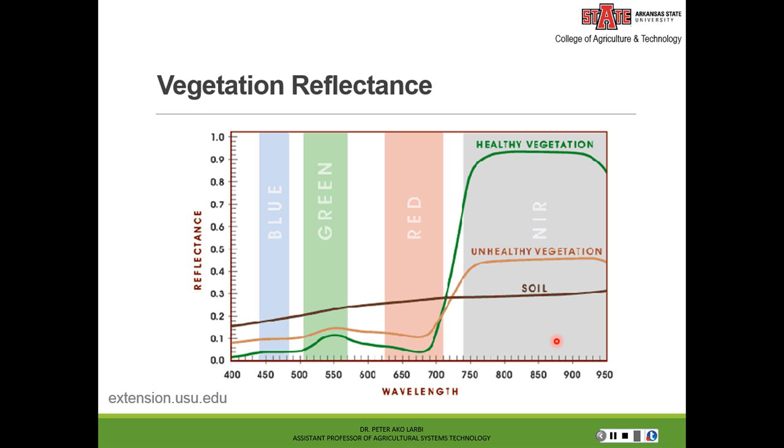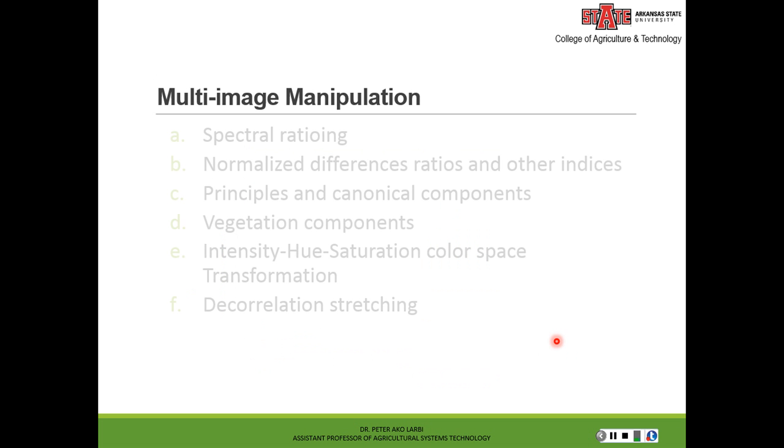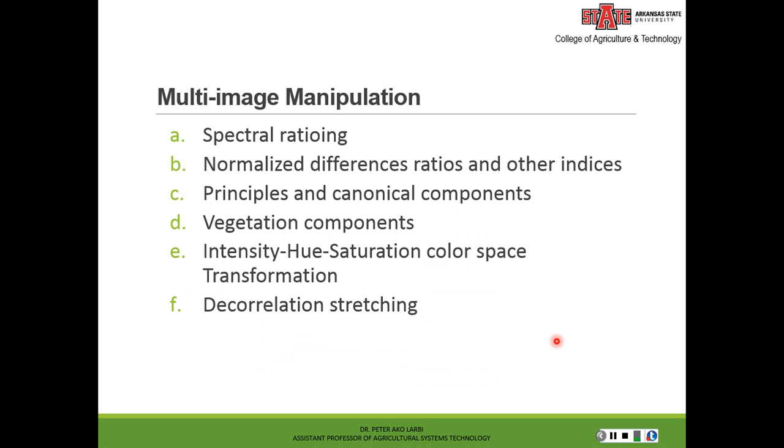Reflectance would generally be the pixel value divided by the maximum pixel value represented by the white light. I would run through these a little bit quickly, but would show that in the demonstration.